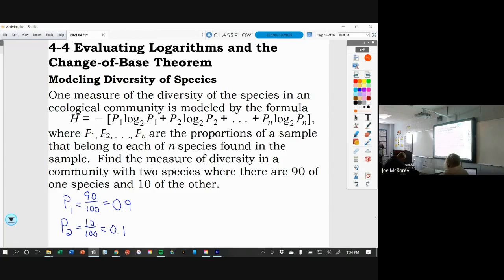Now we're going to use this formula. H, which is the diversity of the species, which, I don't know, ask some science teacher what that even means.